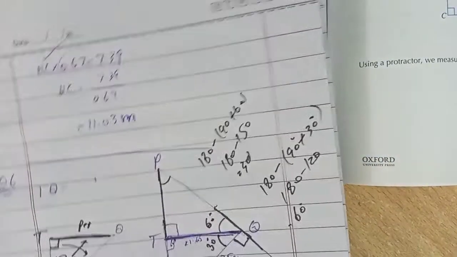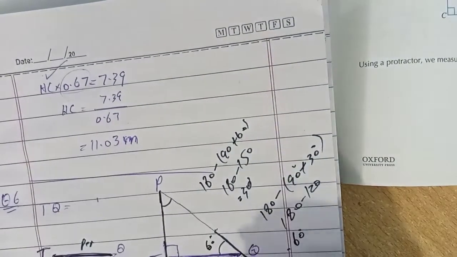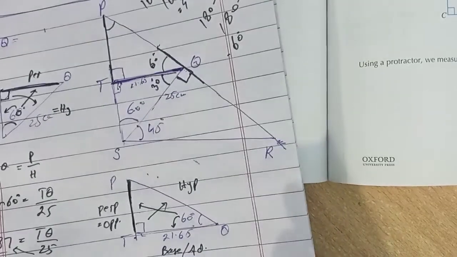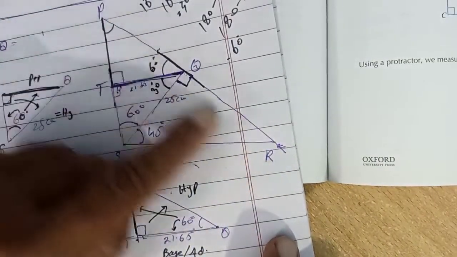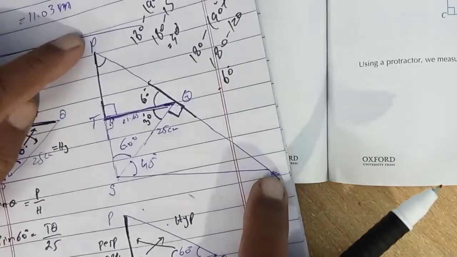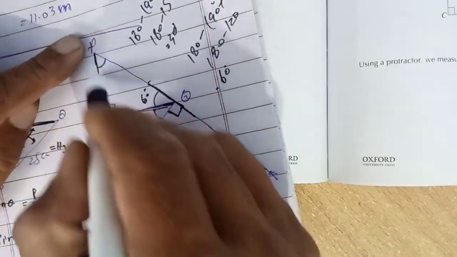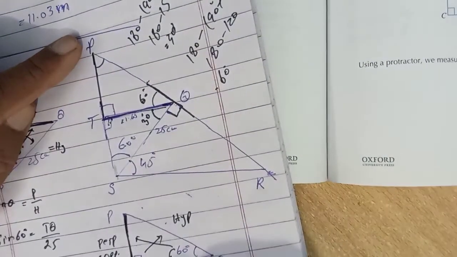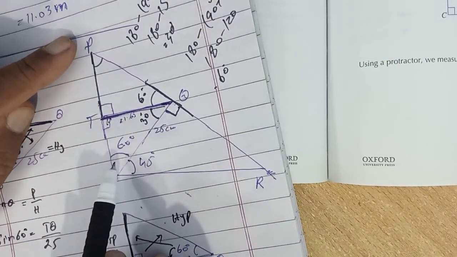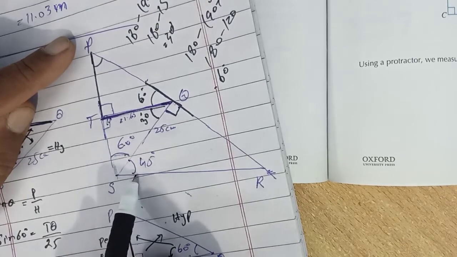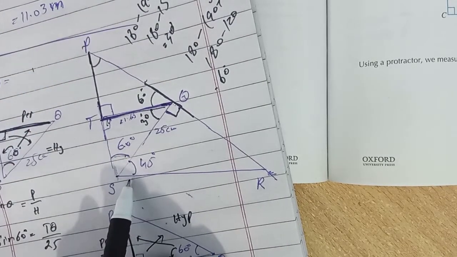Next, we are to find the value of PR. This value you have to find out. If I take this whole triangle, the angle over here is not 90 degrees. Look at this, this is 60, this is 45. Clear?